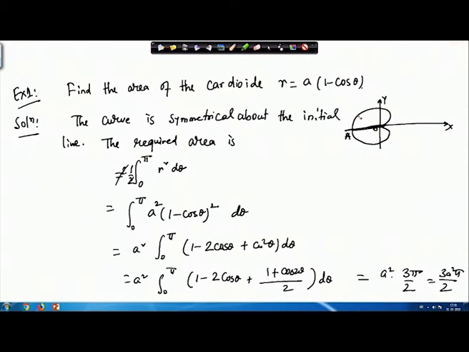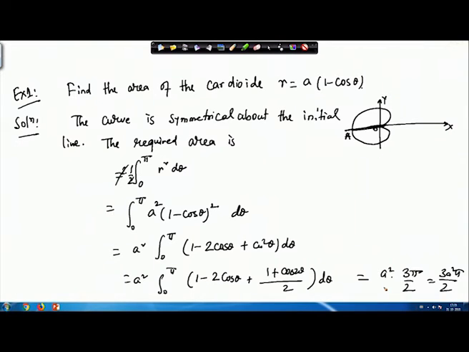From the shape we can see that the curve is symmetrical about the initial line, and then we can calculate the sectorial area by just writing the limit 0 to pi and multiplying it by 2, so that we have the entire area. Then you do some simple calculation and that will give you the required answer. So, this is a very interesting example where we did not have to take help of the Cartesian coordinate system.